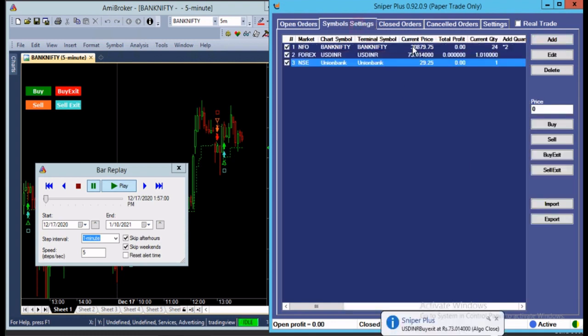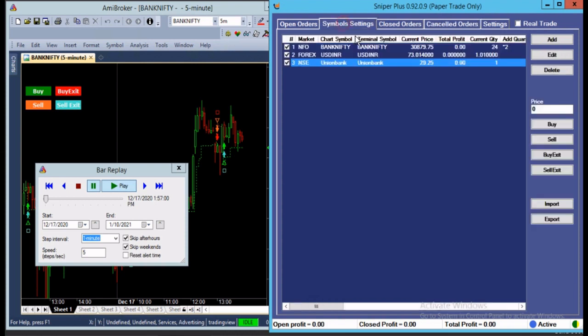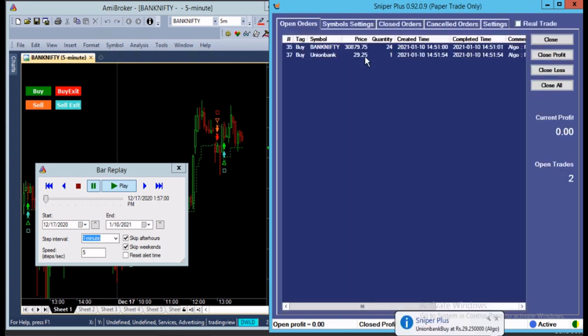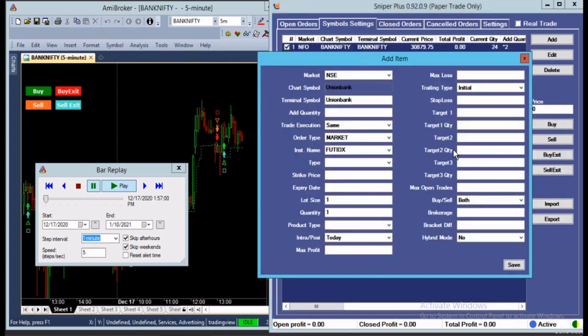Then you can go to Union Bank and click on buy. It won't take the buy from the cancelled order, but will take the buy freshly. So click on buy. Now in open order you can see that it took the buy.